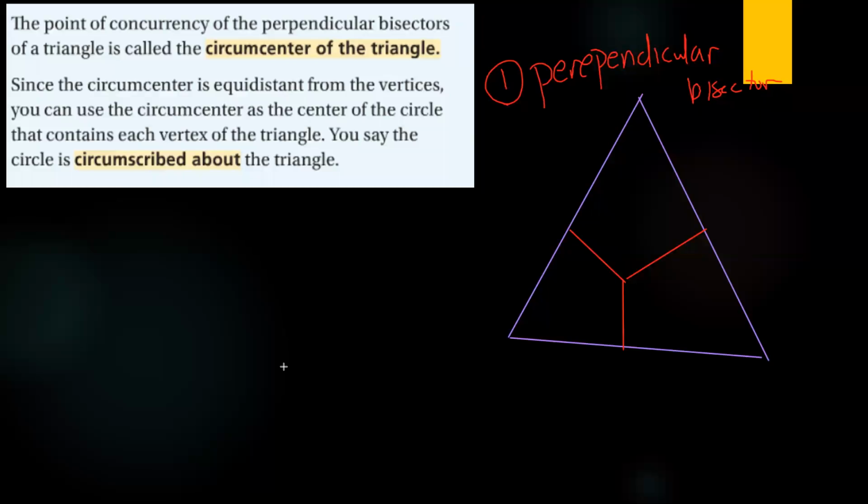So, perpendicular bisector means they will be perpendicular on each side of the triangle, from its name. And these three lines, as you see here, intersect in one point. In that triangle, the perpendicular bisectors are concurrent lines. They intersect in one point. But now, we will not name the point a point of concurrence. We will name it the center of the triangle.